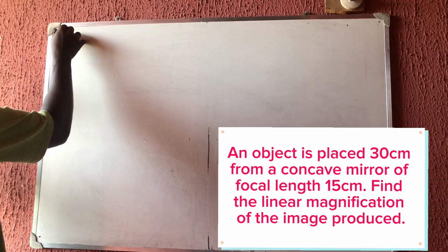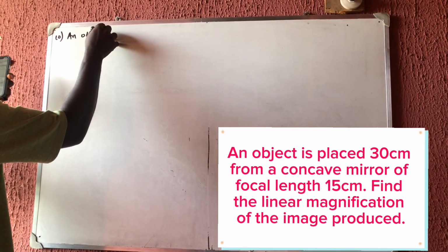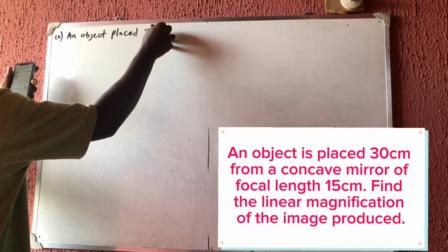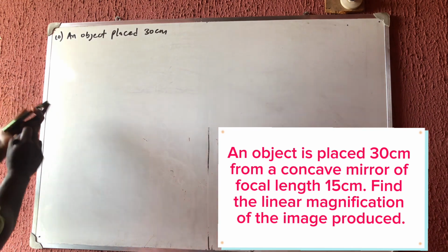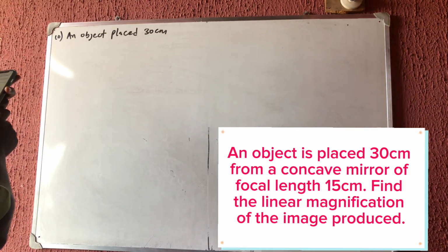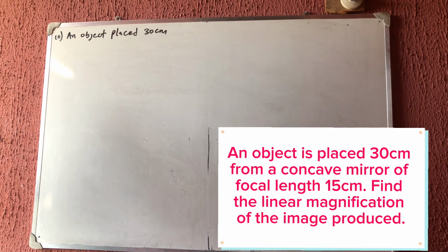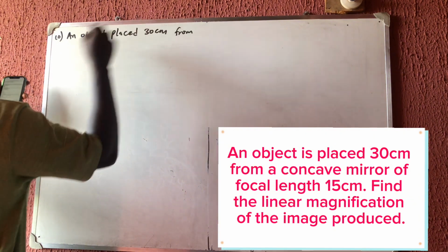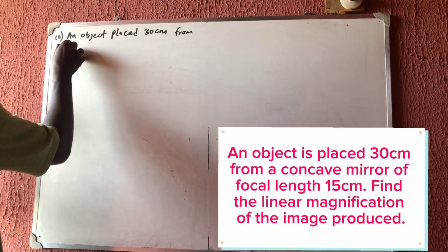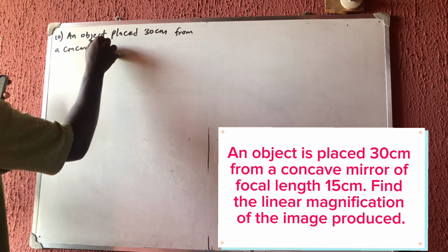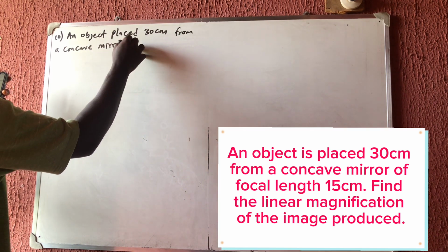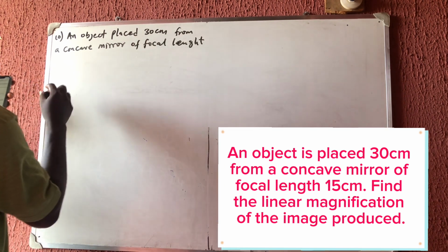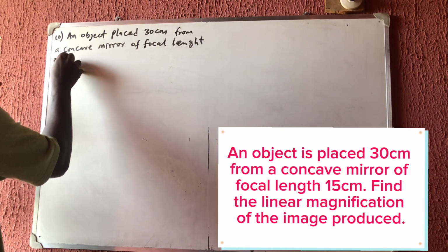Question number 10 said an object placed 30 cm from a concave mirror of focal length 15 cm.